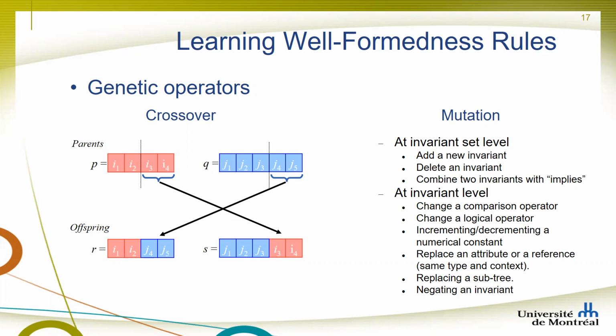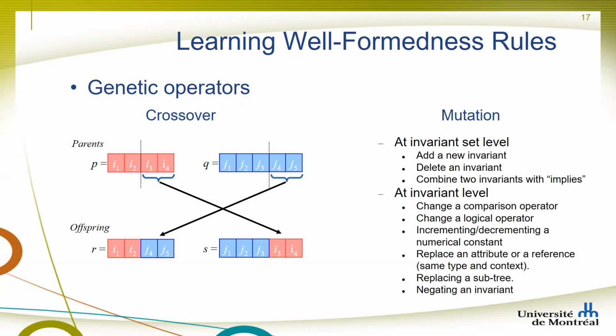We could do it at the invariant set level, where we could add a new invariant, delete an invariant, for example, or combine two invariants with implies. For example, we have one invariant implies another invariant. At the invariant level, we can do many things, changing the comparison operators, changing the logical operators, and so on.